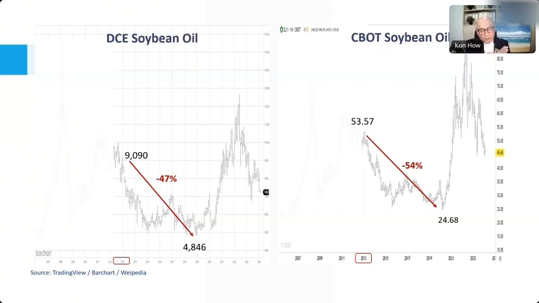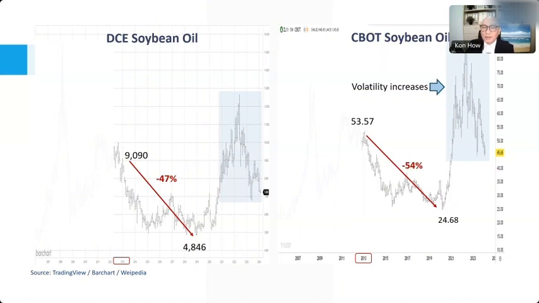Because physical traders and enterprises do not like volatility. When volatility is too fast, too quick in a very short period of time, it's very difficult to adjust to it. The important thing is that as the market moves, it has to be trendy. Now, as COVID-19 hit in 2020, I want to do a comparison between the DCE soybean oil and the CBOT soybean oil.